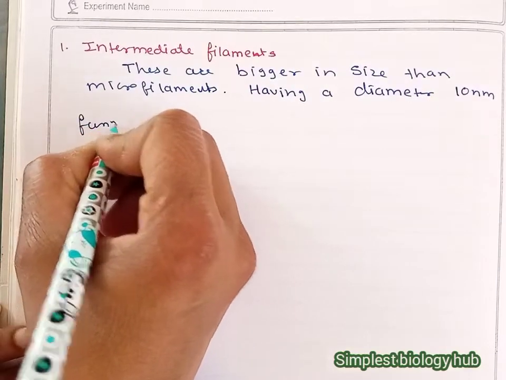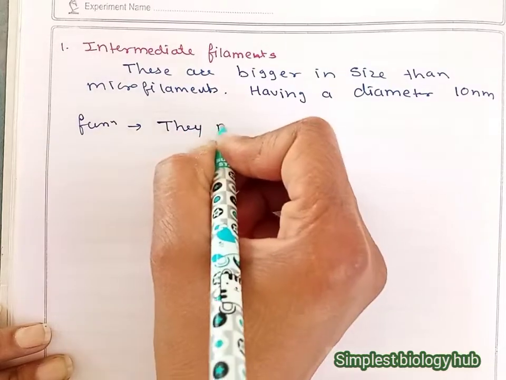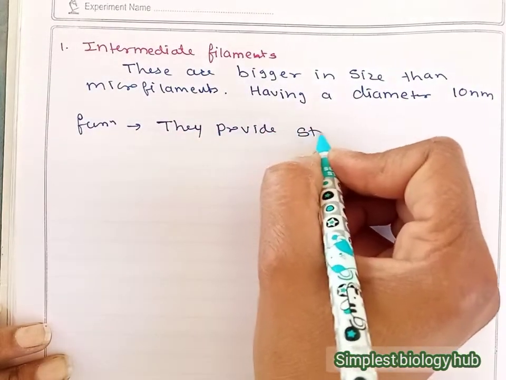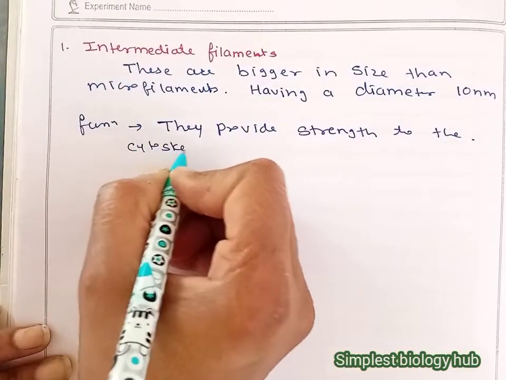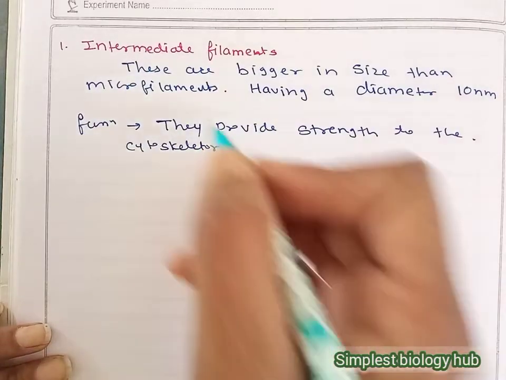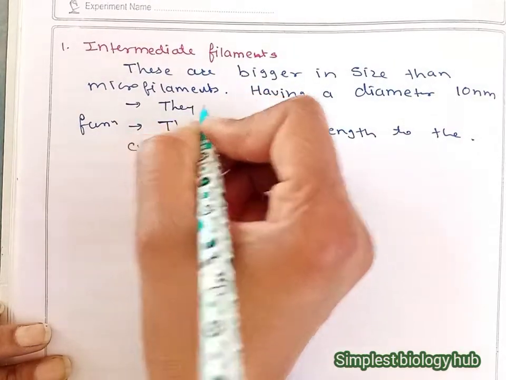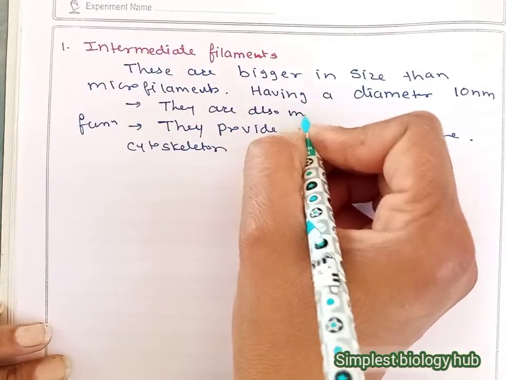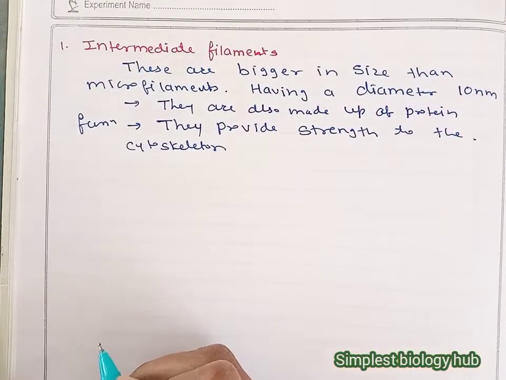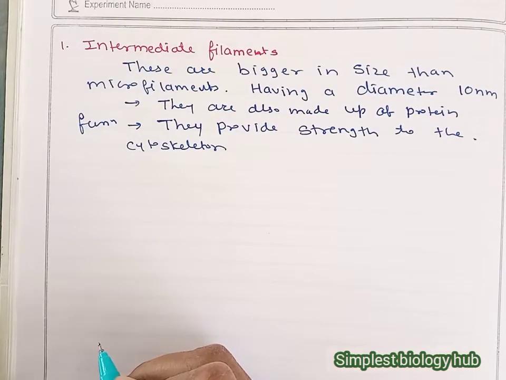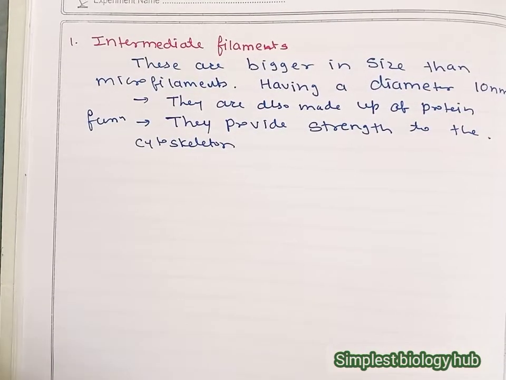The main function of the intermediate filaments is that they provide strength to the cytoskeleton. They are freely suspended in cytoplasm, and as with microfilaments and microtubules, they are also made up of protein. They provide strength to the cytoskeleton, freely suspended in the cytoplasm, and prepare the cytoskeletal structure.